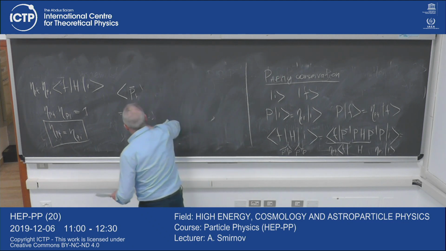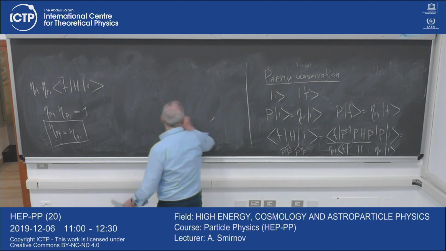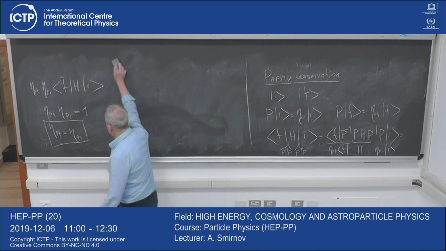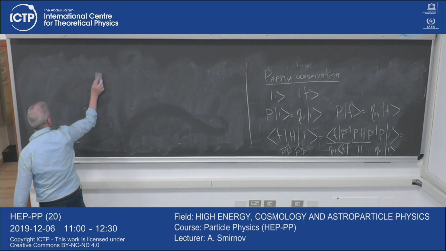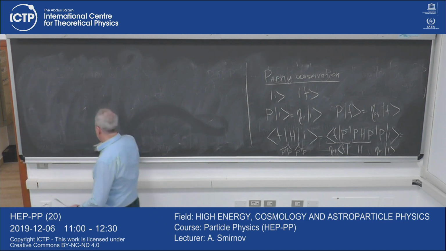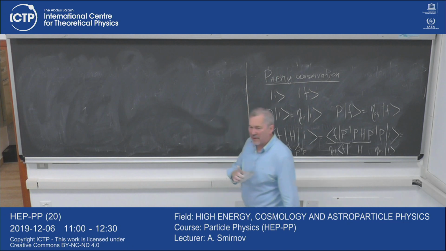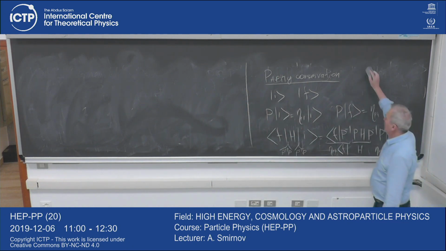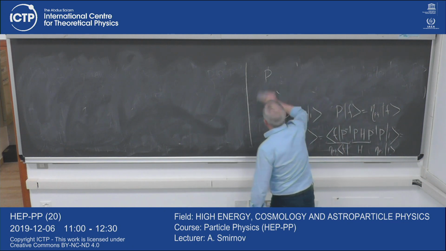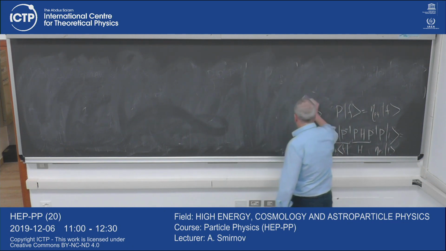One of the most important things is to establish the parity of the pion. Then using parity conservation you can find the parities of other particles, right? So it's enough to know the parity of just one particle, and then you can reconstruct the parities of other particles.